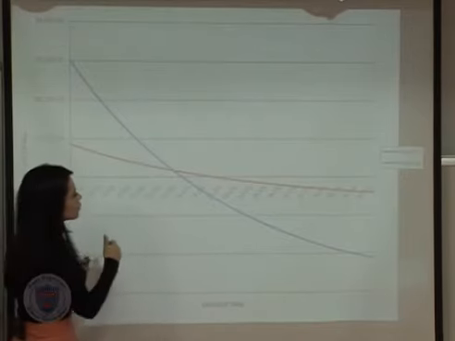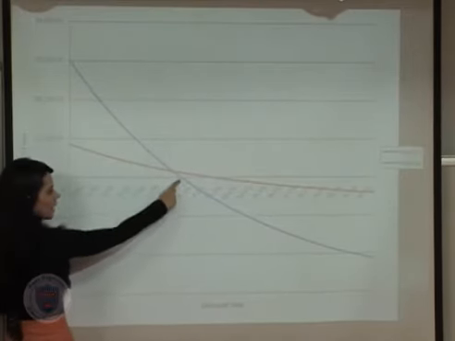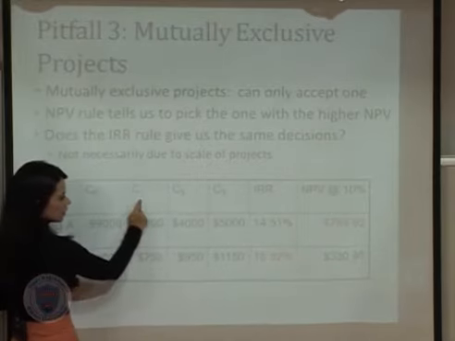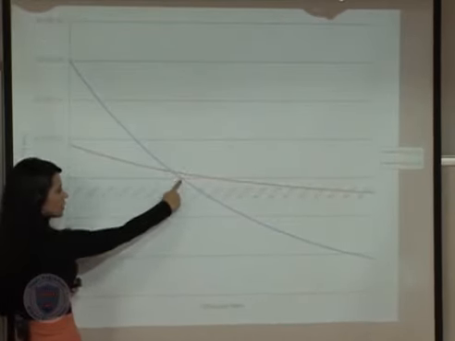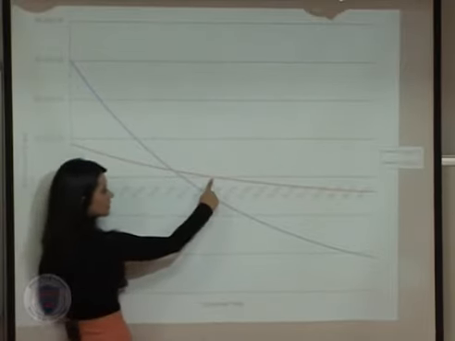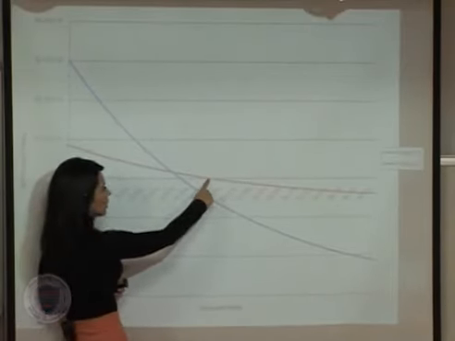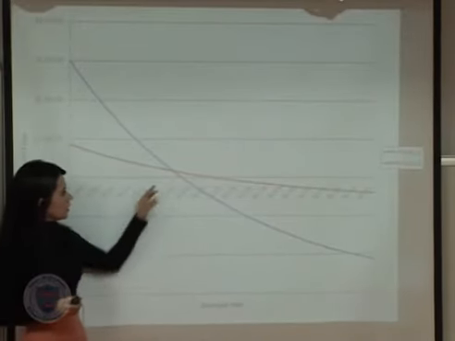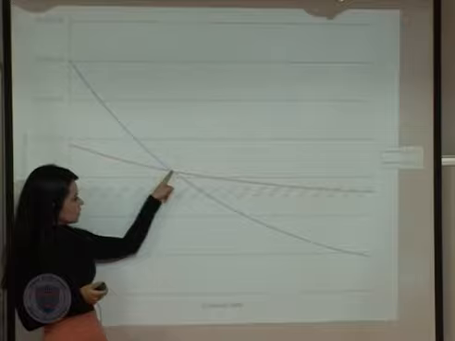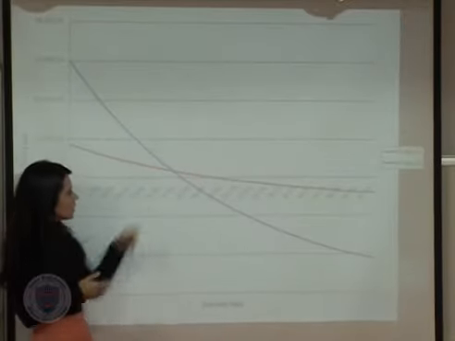So this is project A. Project A's IRR is here, 14 something, 15%. Project B's IRR is 18% or so. So you calculate the intersection point, which is here, about 13%.